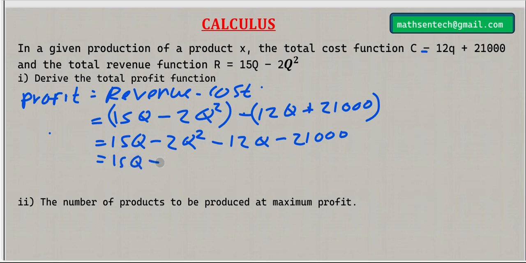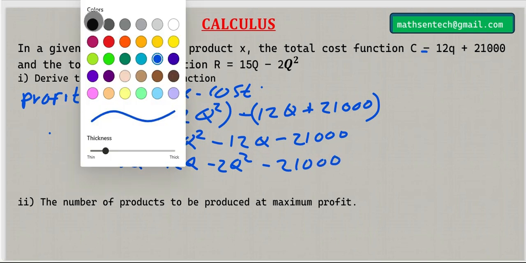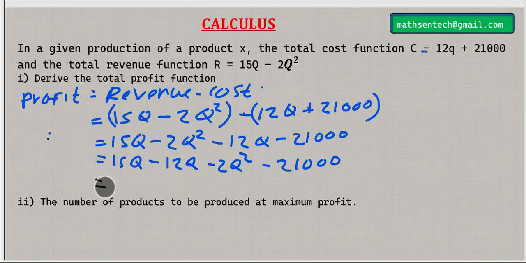Now put the like terms together: minus 12Q, minus 2Q squared, minus 21,000. So eventually you get 3Q, since 15Q minus 12Q is 3Q, minus 2Q squared minus 21,000. So that is your total profit function.